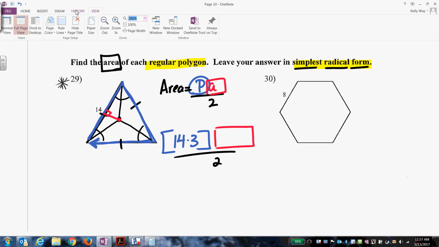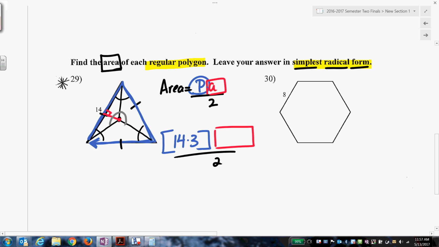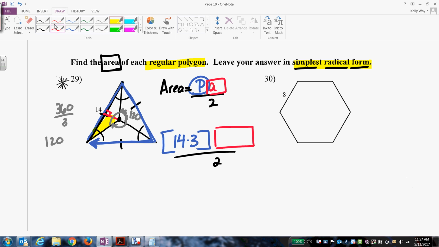And right here, you can know that you go all the way around like this. And we're going to go 360 divided by 3. We get 120. So each of these are 120, which means this triangle right here that I'm going to pull out, let's pull that out.